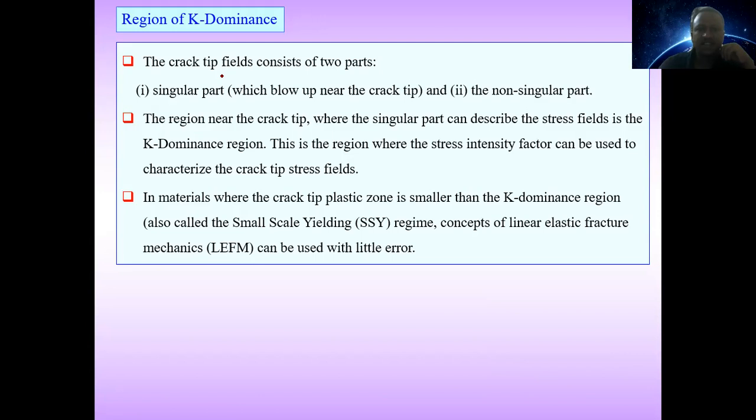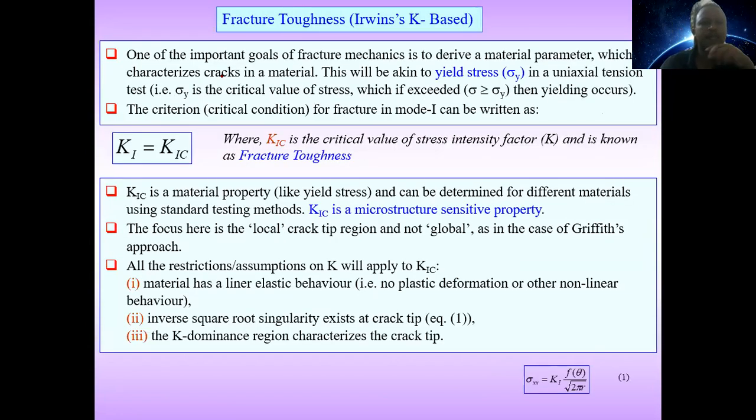In materials where the crack tip plastic zone is small, then the K dominant region is also called the small scale yielding, that is the SSY region. Concepts of linear elastic fracture mechanics can be used with little error.